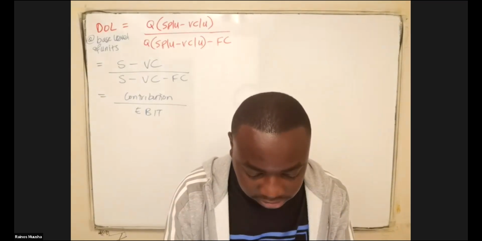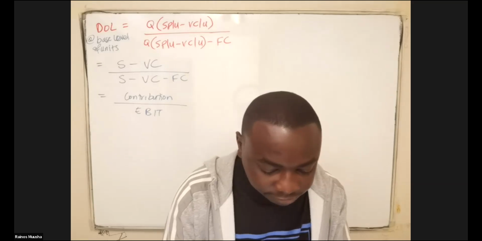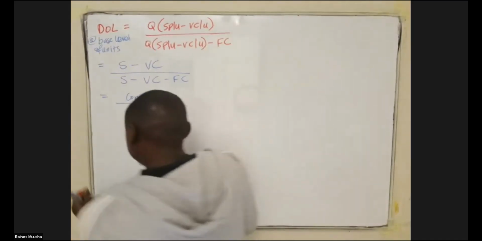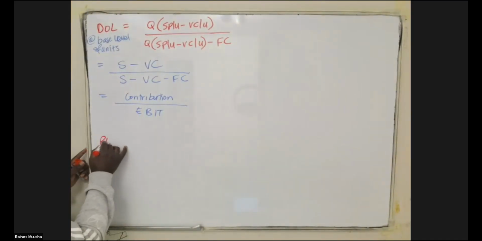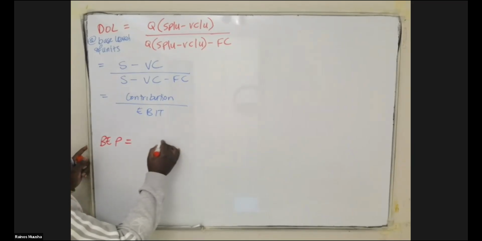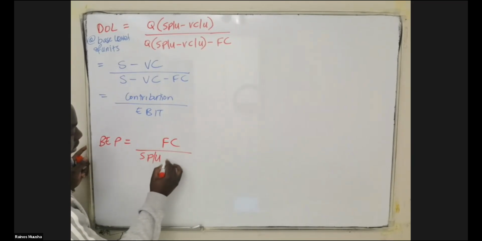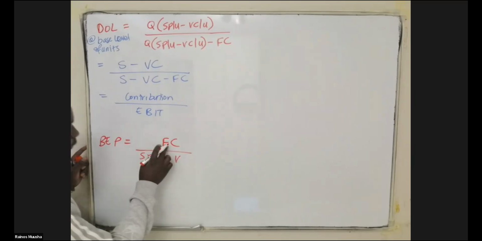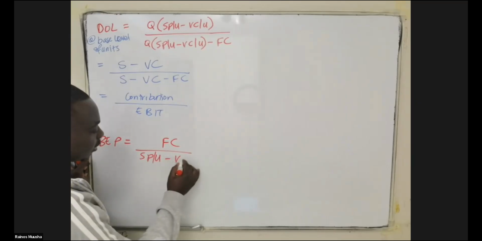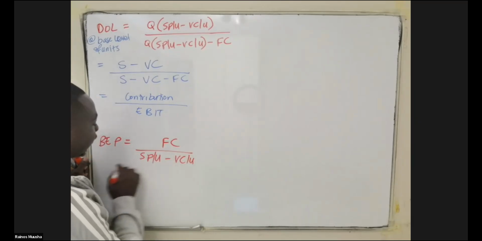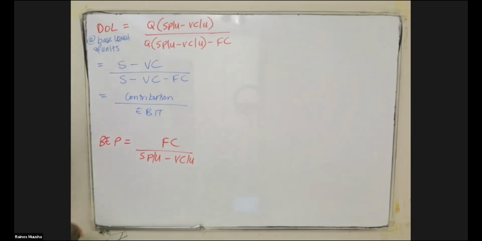Remember we said in analyzing our break-even point, the break-even point is given as your total fixed costs divided by your selling price per unit minus variable cost per unit.